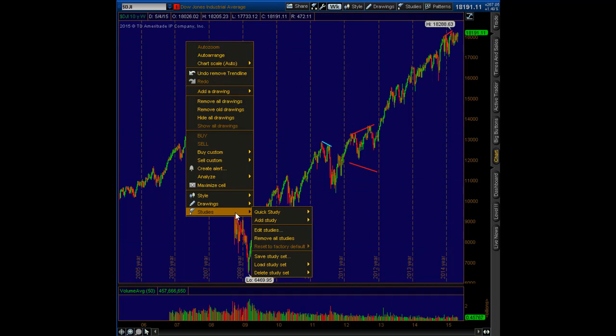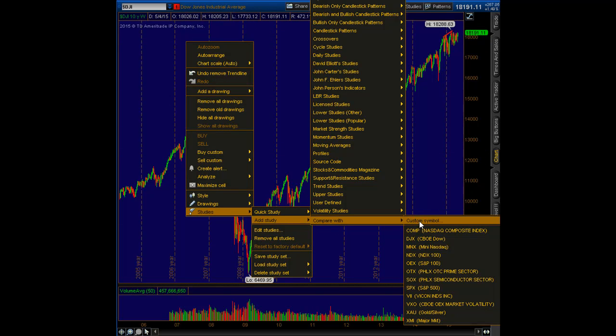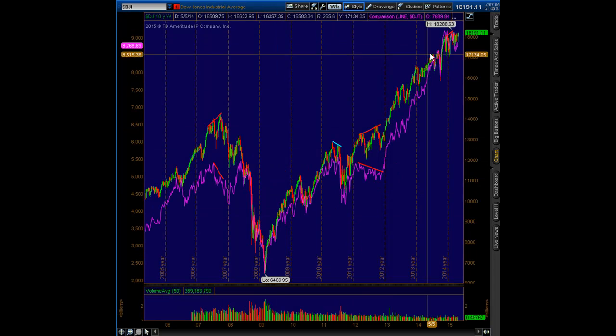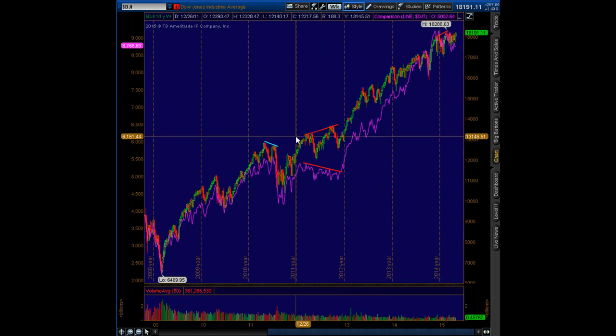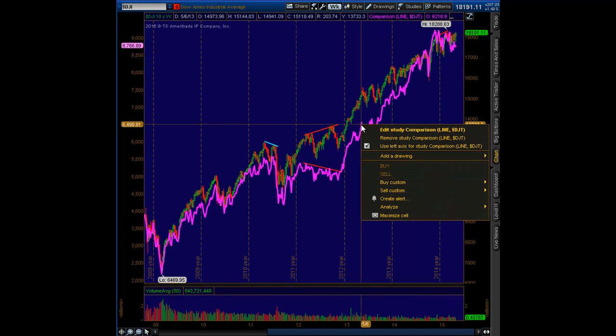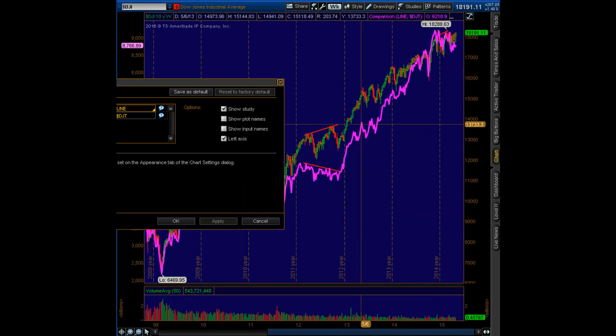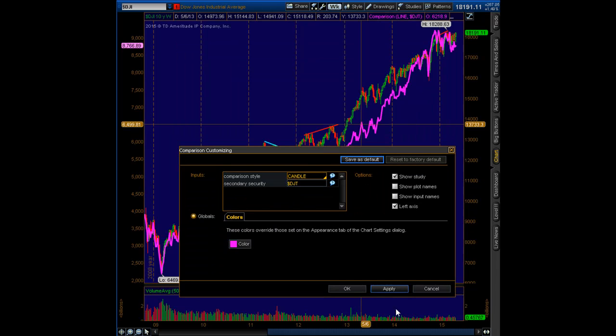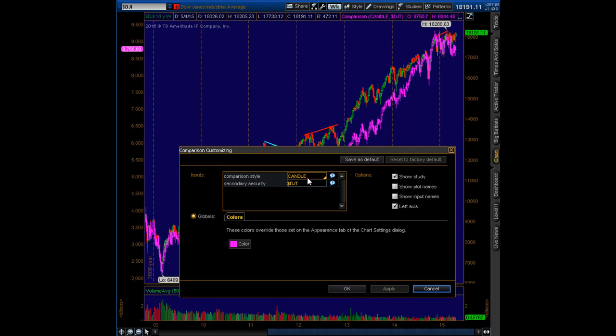I'm going to add a study, compare with the Dow Jones DJT Transportation. You can see you have a nice purple line. You can change this if you right click on it and edit. You can change it to a candle, but all I'm doing is comparison.